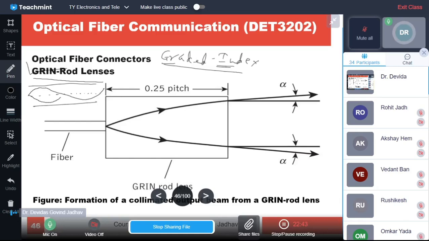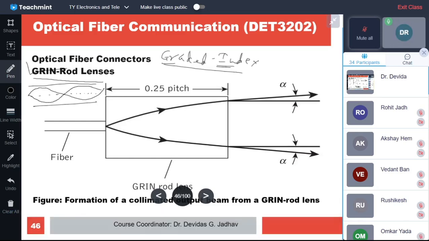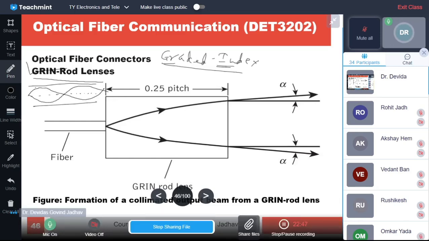So whatever ray is traveling in the graded index fiber follows the sinusoidal path. So this is one wavelength, this is half wavelength, this is 0.25 wavelength, quarter wavelength, this may be 0.29 wavelength, this may be 0.23 wavelength, isn't it?